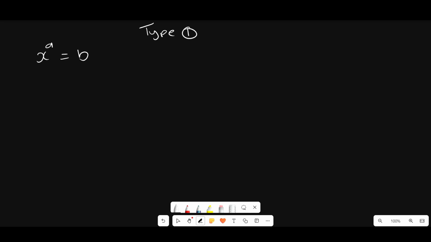We have to remove the a. There are multiple ways of doing this, but the easiest way is to introduce 1 over a on both sides, on the left hand side and the right hand side.